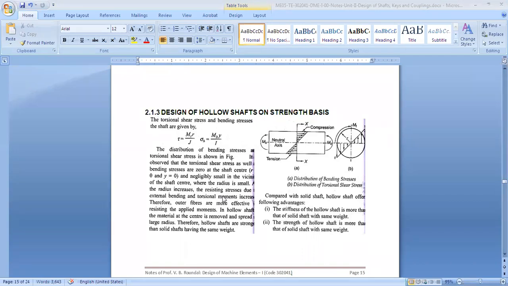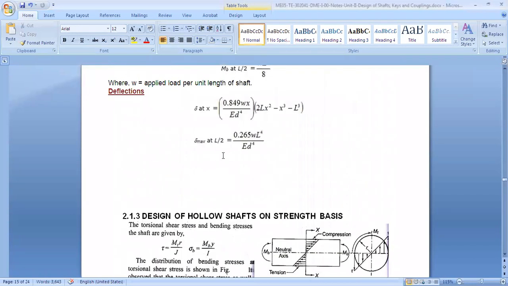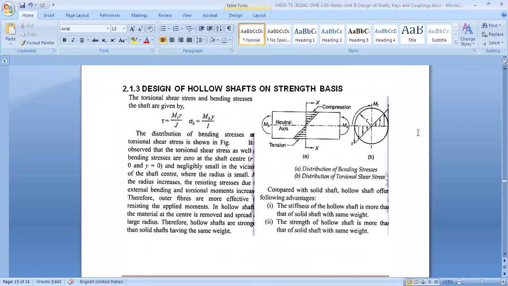Now, if we see this equation, I think my screen is shared with you. The shear stress is equal to torque into R upon J. J is fixed for a shaft: once the diameter is fixed, J is pi by 32 d raised to 4.